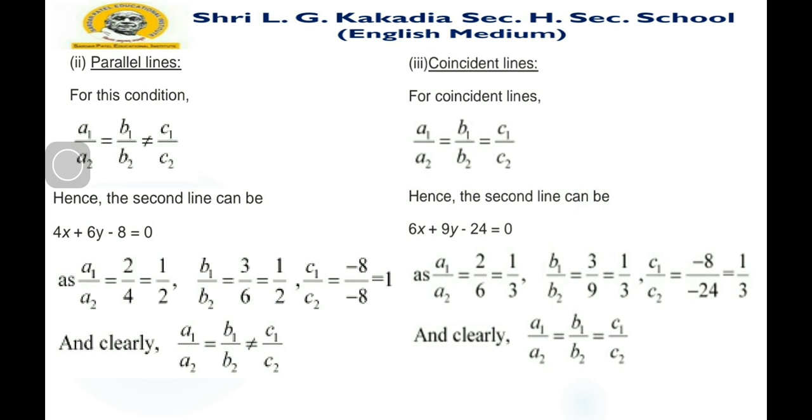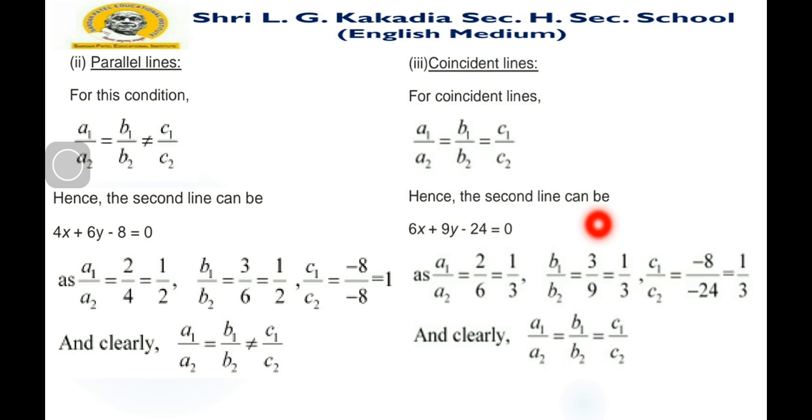And about coincident lines, for both lines to be coincident, the condition that should be satisfied is a1 by a2 is equal to b1 by b2 is equal to c1 by c2.